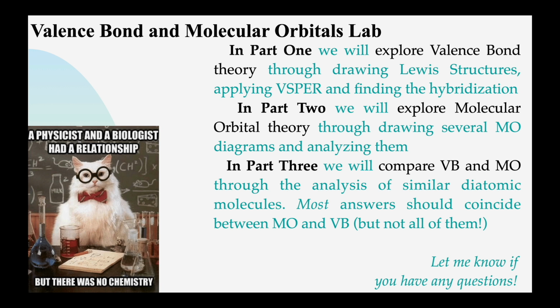You're going to write out different structures and go through how many sigmas and how many pi's exist, stuff like that. Finally, in part three, you're going to compare some structures in both valence bond and molecular orbital theory. It's kind of a cool part. Most of the time, the information from valence bond and molecular orbital theory should be the same, but there are some exceptions, so just FYI.